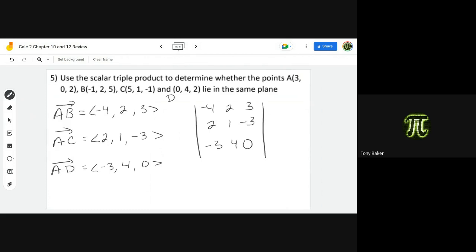Now we just set it up in terms of our matrices. So we're going to do -4 times the determinant of 1, -3, 4, 0, minus 2 times the determinant of 2, -3, -3, 0, and then plus 3 times the determinant of 2, 1, -3, 4. Remember, it's plus minus plus. In this case, it's -4 because it's -4 there.